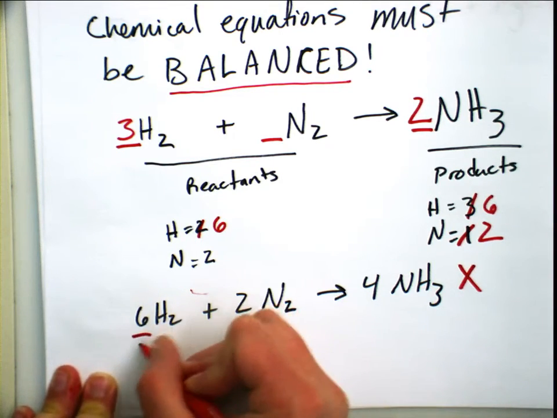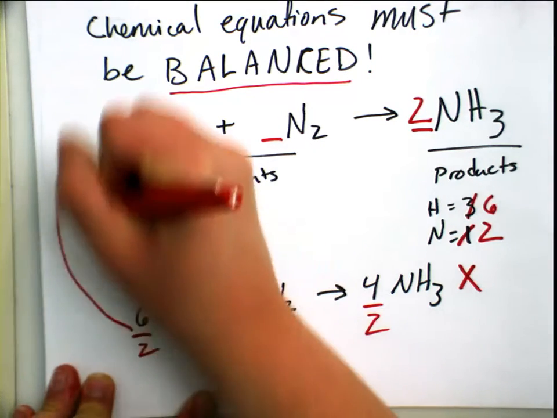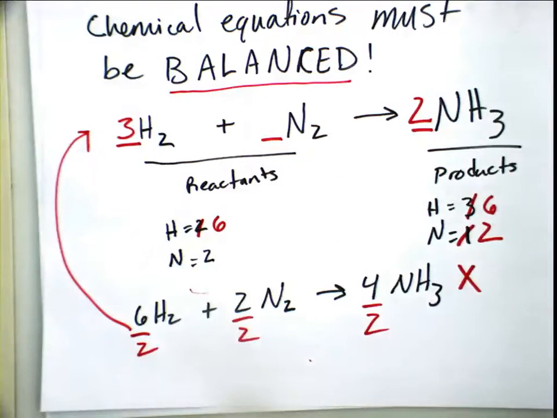And so by dividing by 2, we would get the reaction as balanced as we did previously. So it's important to double check all of the coefficients to make sure there's not some factor by which they can be divided to get to smaller whole number values. You want to make sure your coefficients are whole number values and not fractions.